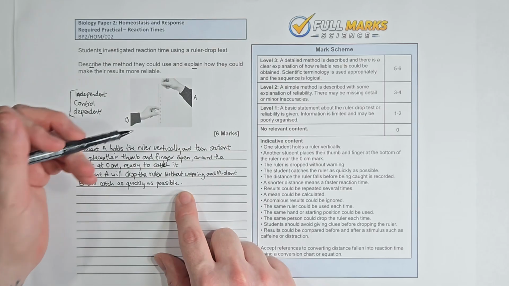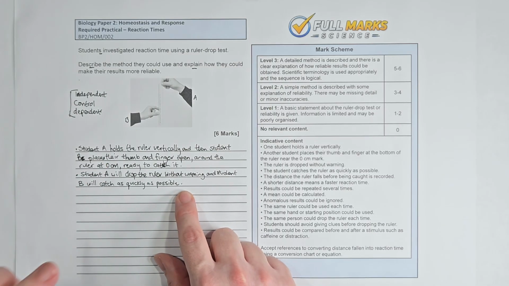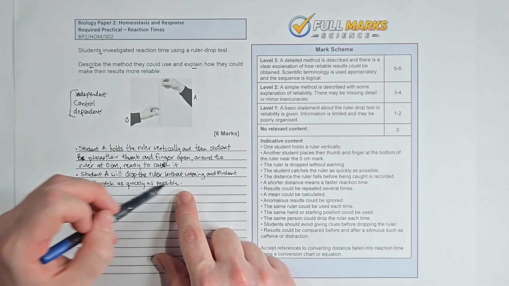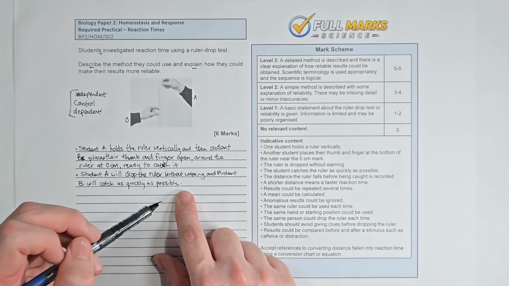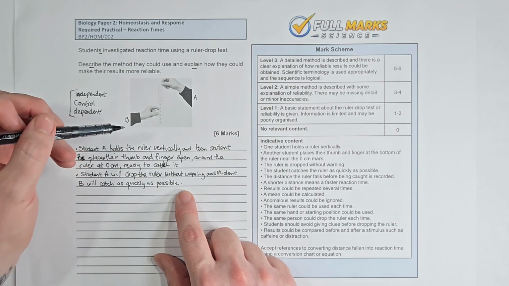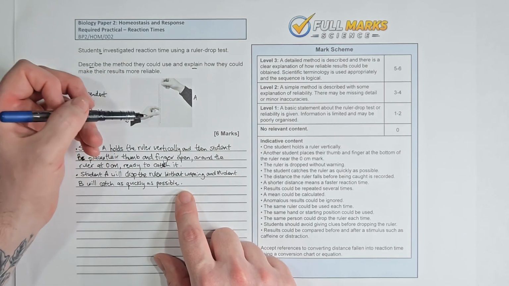Because we need to drop the ruler, person needs to catch it, then we can measure the reaction time. So we're saying what each of those students is doing at the start. Student A is doing this, and then student B does this, student A does this, student B does this. So then we're getting into the ruler has been dropped and they've caught it.